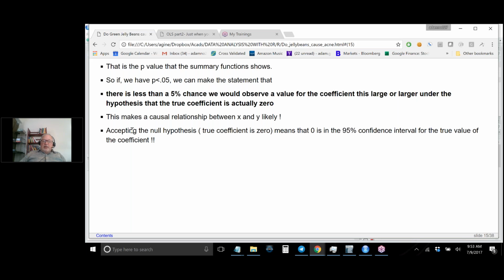And just once again, accepting the null hypothesis, the true coefficient of 0, means that the value of 0 is in the 95% confidence interval for the true value of the coefficient. So if we accept the null hypothesis of 0, we win.